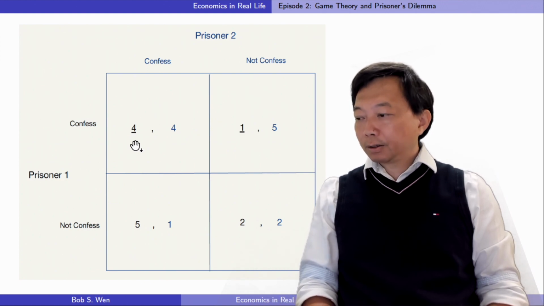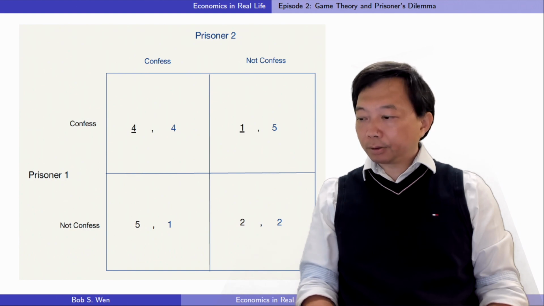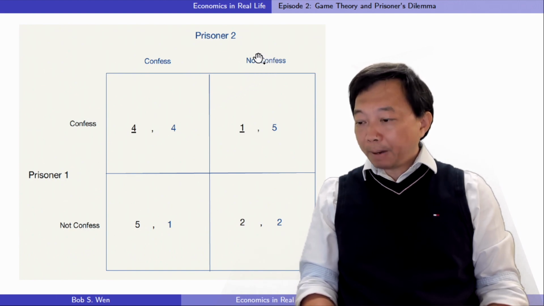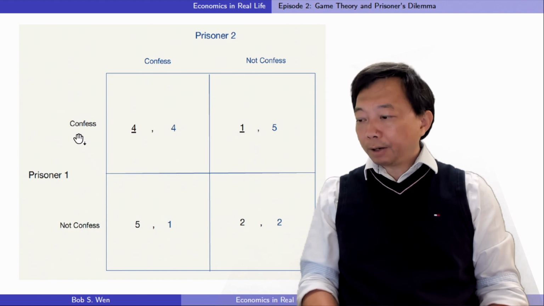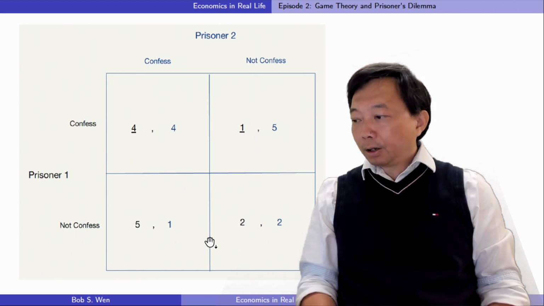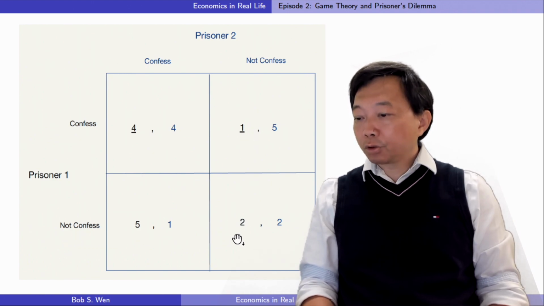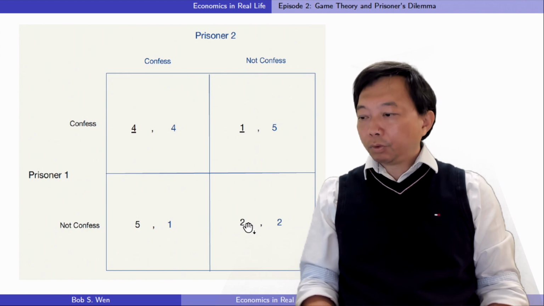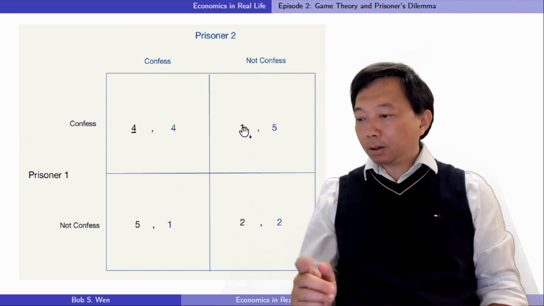Then we consider, if the second suspect does not confess, my best choice is still to confess so that I would be sentenced to 1 year, which is better than choosing not to confess and being sentenced to 2 years. We draw a line under the number 1.